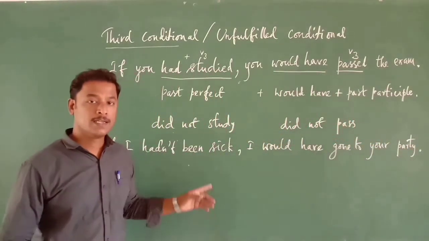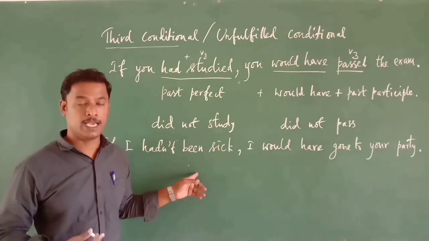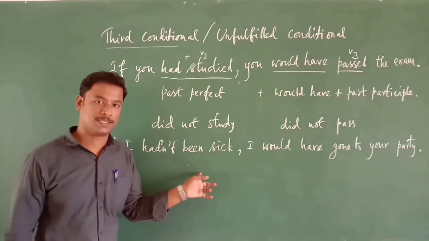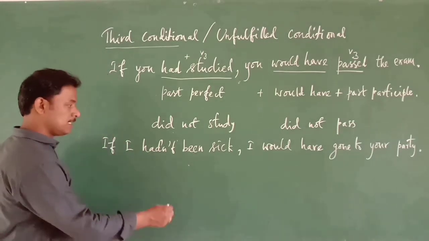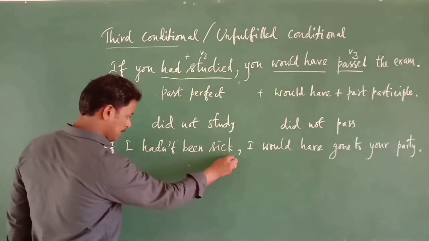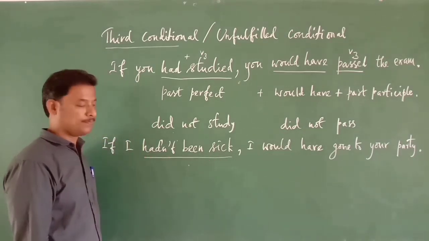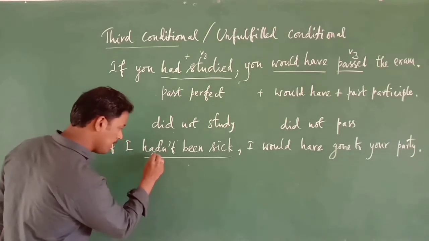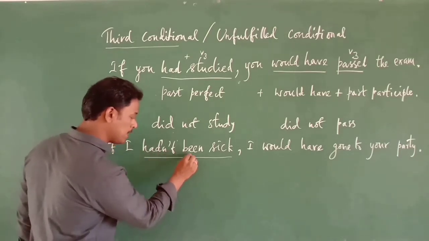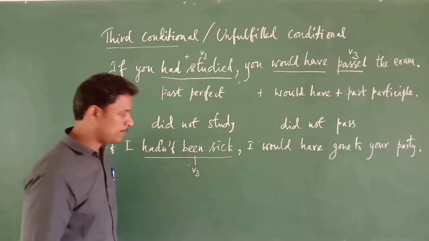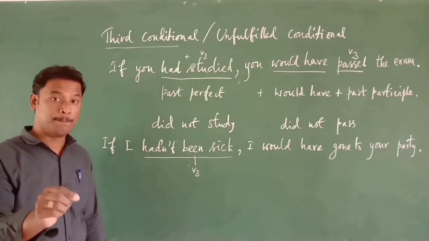Right. The same condition applies here. The condition applied here is hadn't been sick. Analyze the verb here: had plus not plus been. Been is the verb 3, that is the past participle, of the verb be.